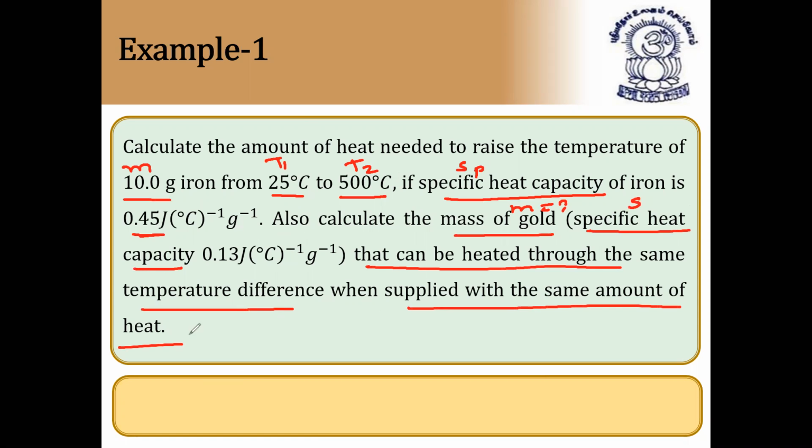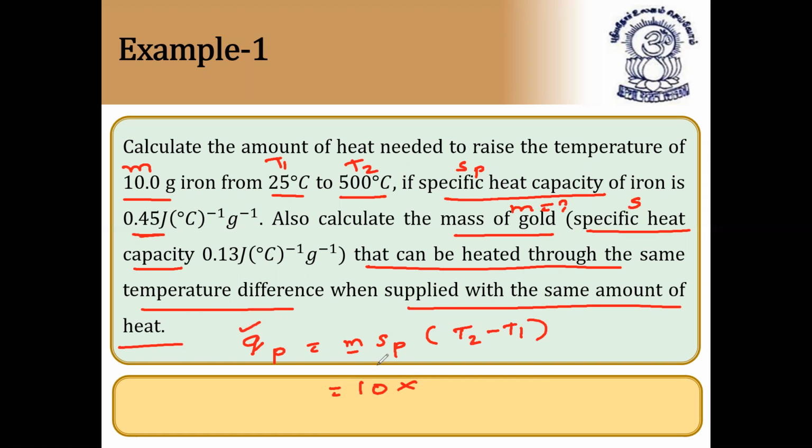So already we know QP is equal to M into SP into T2 minus T1. So what is mass of iron? That is 10 grams. First we are finding heat needed to raise.